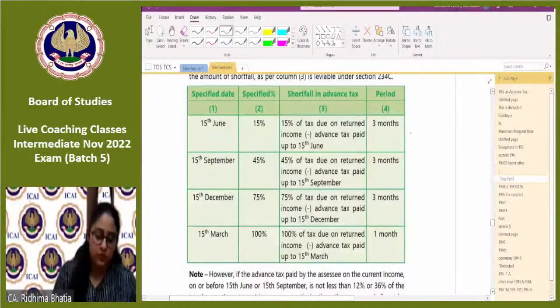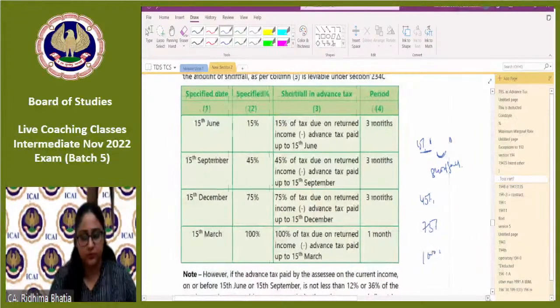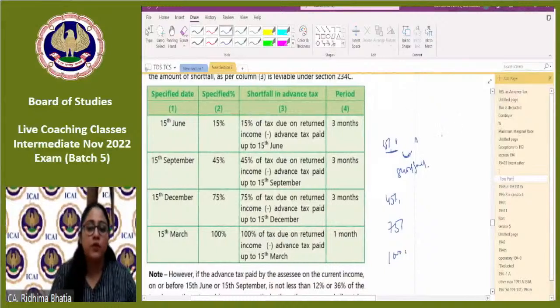We know we have installments, so if what is to be due in that installment, you did not pay in that installment, so जो shortfall हो रहा है उस पे interest लगेगा, as simple as that. Installments are 15%, 45%, 75% and 100%. So whatever you actually pay in these installments, unka shortfall.